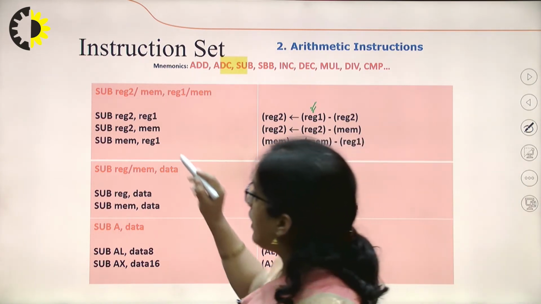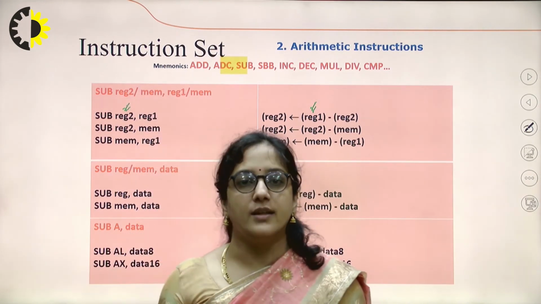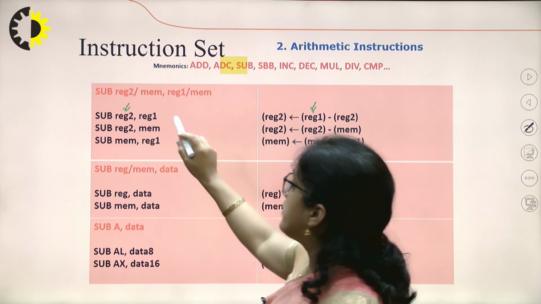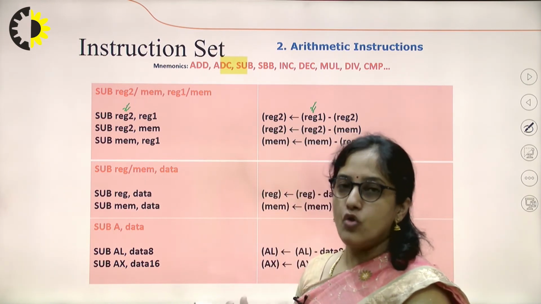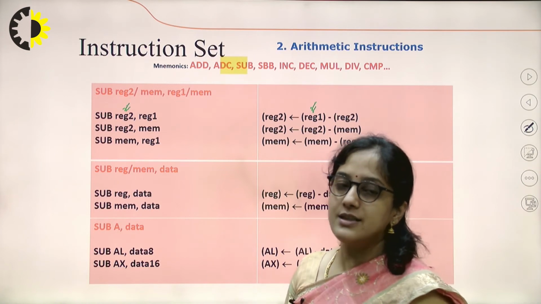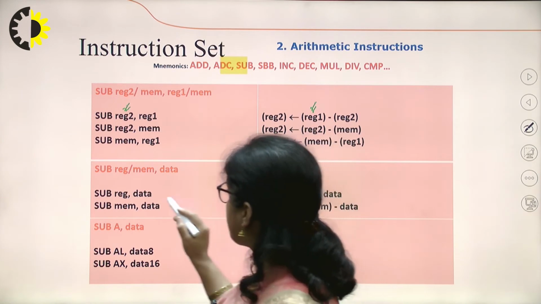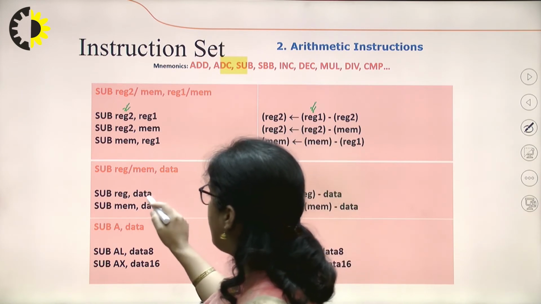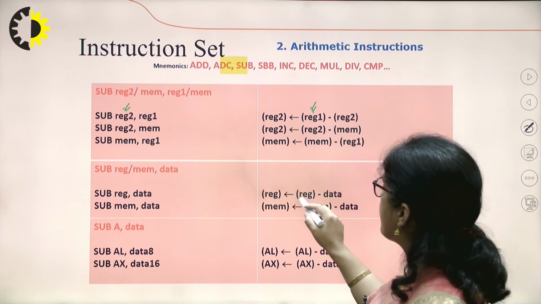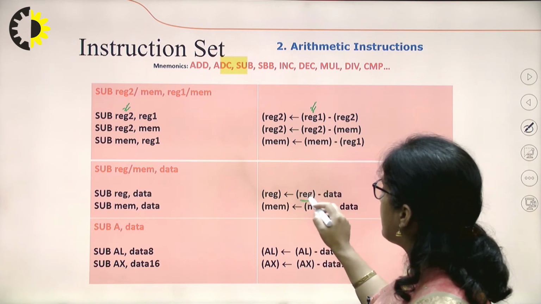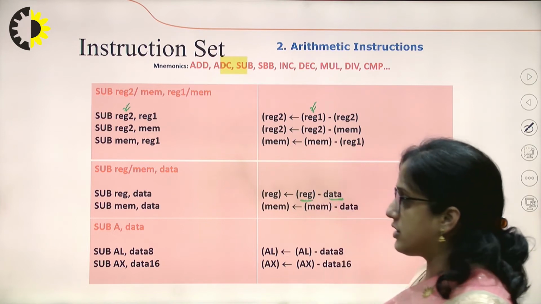So you have to keep in mind that this is the destination where we are storing the result, and then we are specifying the source, but the subtraction takes place as S minus D, and the result will be stored in D. Now, in case of immediate data, here again we are specifying a register, and this data gets subtracted from the content of the register.